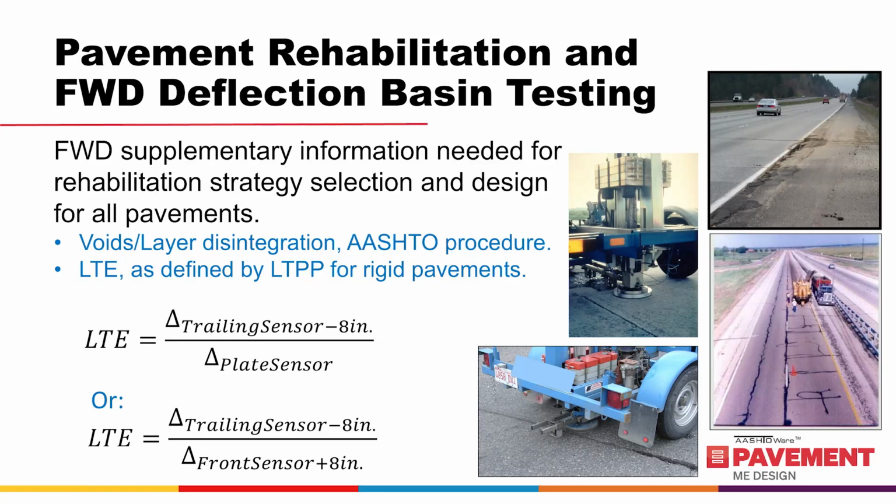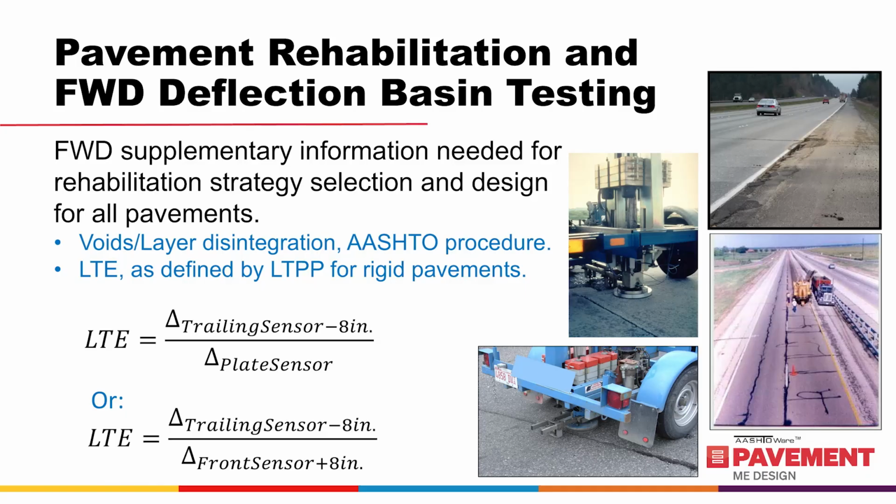The standard procedure for this purpose is outlined in the AASHTO 1993 Pavement Design Guide. It was developed and used for rigid pavements to select a proper rehabilitation design strategy. However, the void or layer disintegration has been recently applied to flexible pavements to identify potential areas with severe stripping and other layer defects.